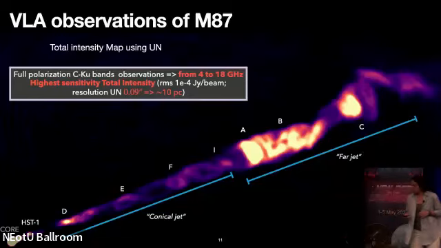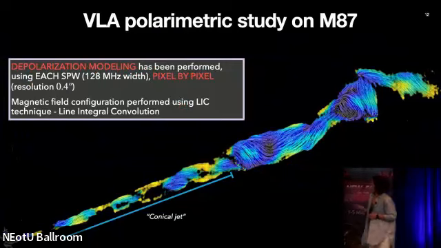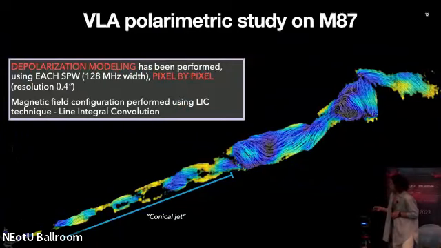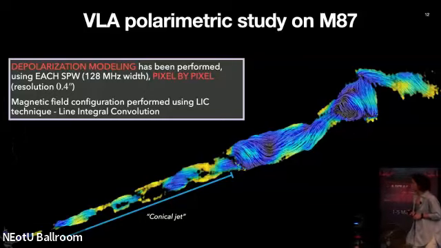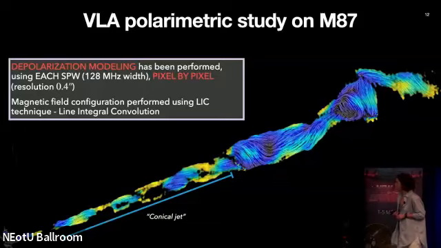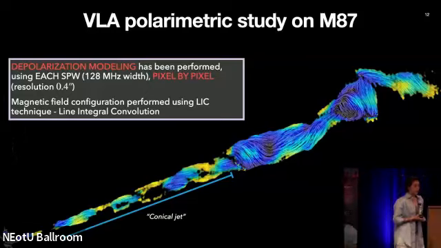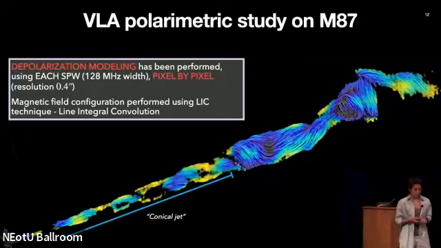And this is obviously the polarization image of M87. We performed the polarization modeling using each spectral window in the wideband, so 128 megahertz width, and we produced images of fractional polarization and polarization angle pixel by pixel.